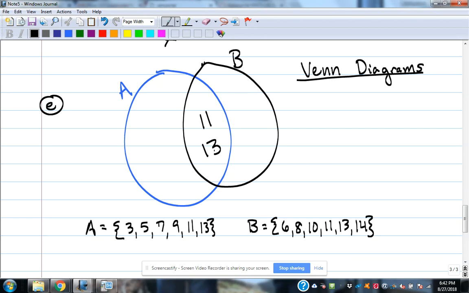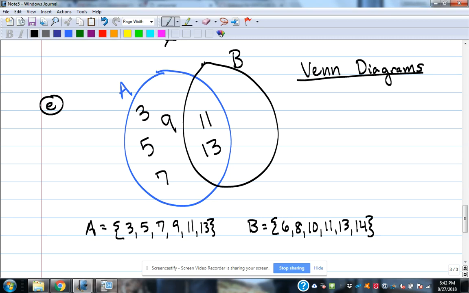What numbers are only in A? 3, 5, 7, 9. And then 11 and 13 are also in A, so everything in the blue circle is in A. Now what goes in the black circle?